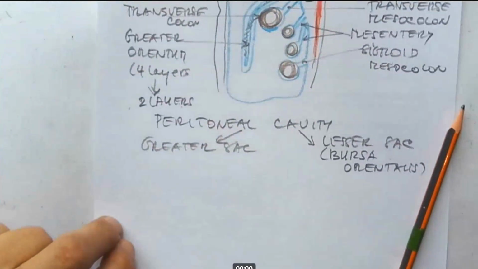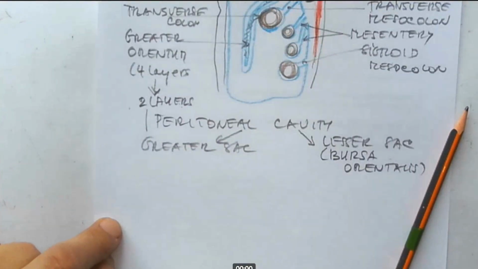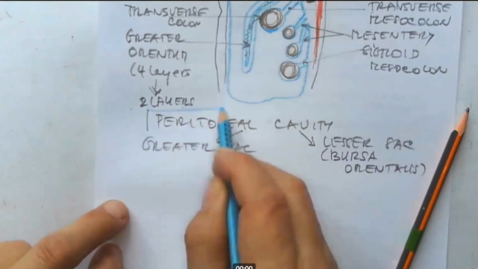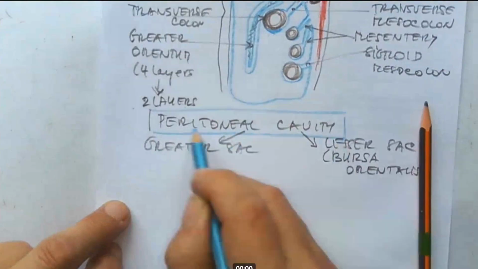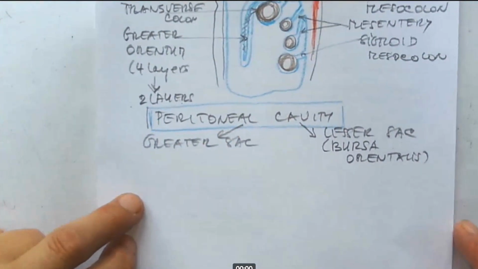So again, repeating, the peritoneal cavity is divided into two subunits: the larger area, which is called the greater sac, and the lesser sac, bursa omentalis.